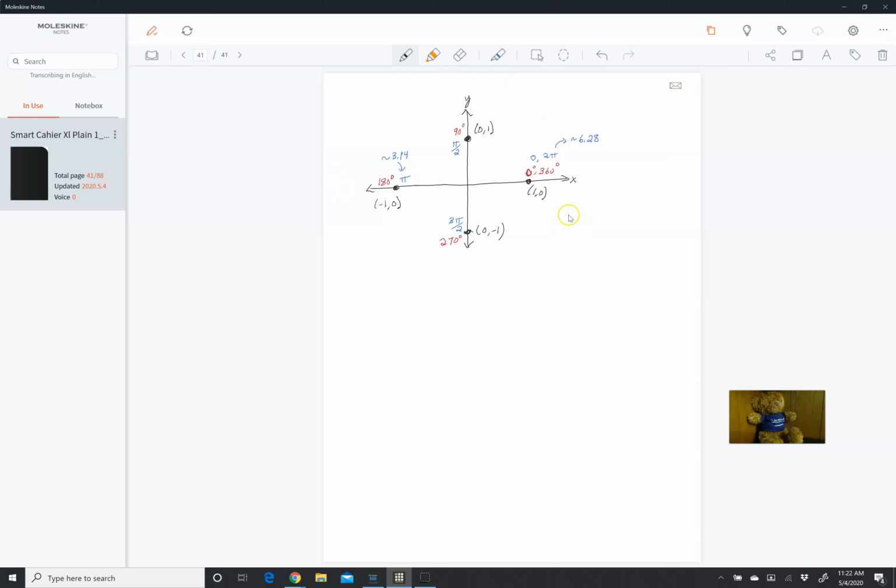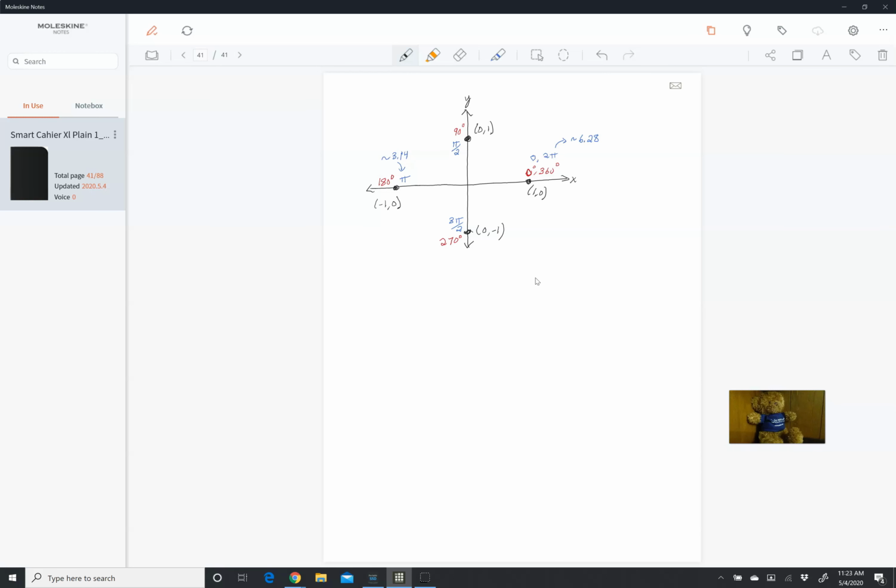So what we do is we graph using radians. I said before that one of the reasons why we learn radians is because of the definition of a radian, which, remember, is the angle formed by an arc that's equal to the length of the radius.